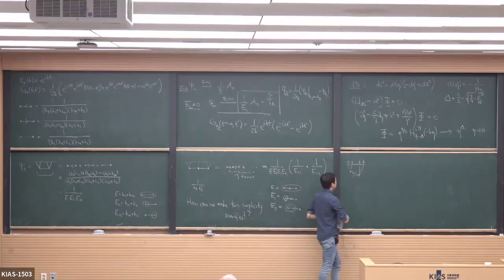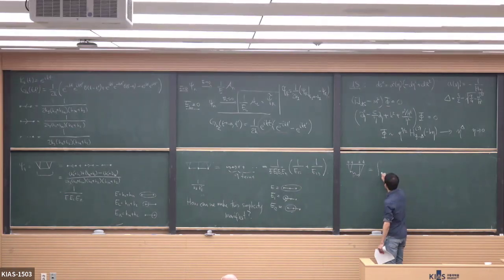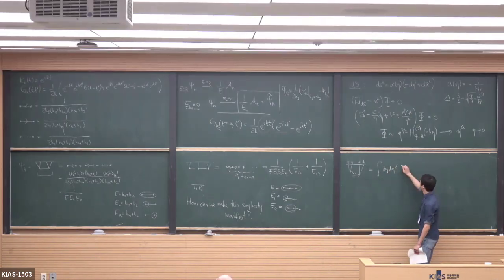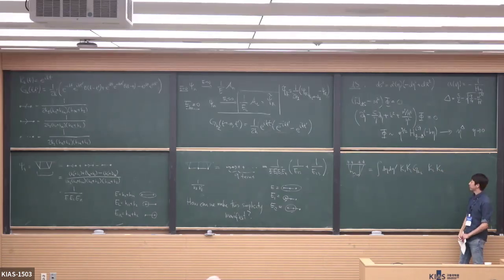Now, you can evaluate this wave function by writing down this time integral, K12, G, K internal, K3, K4, right? With different forms of these propagators.